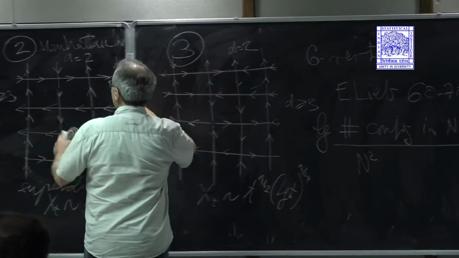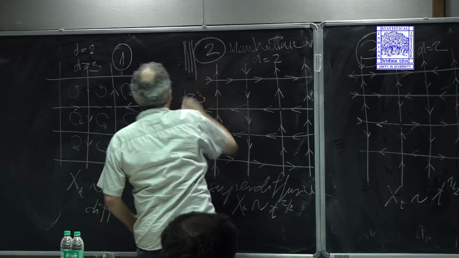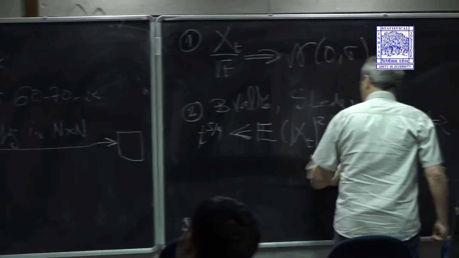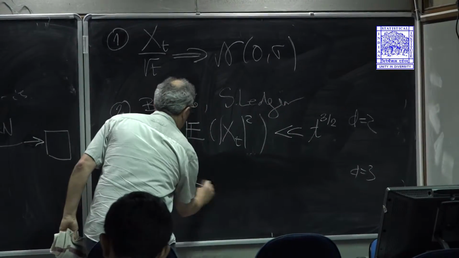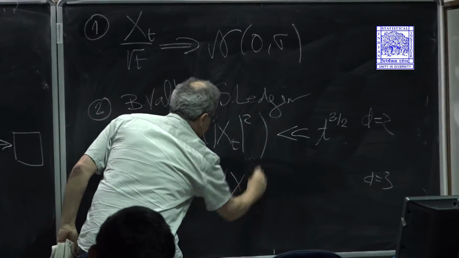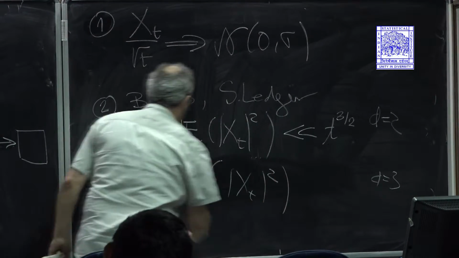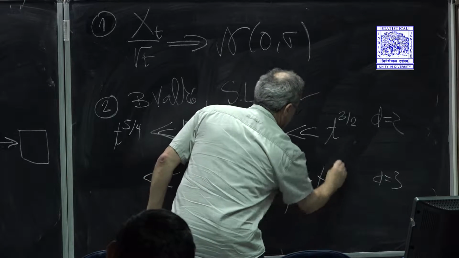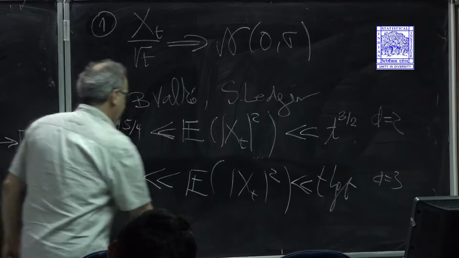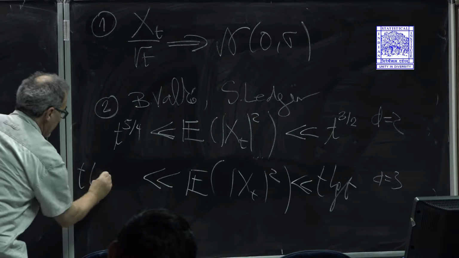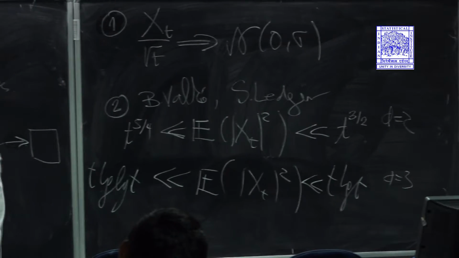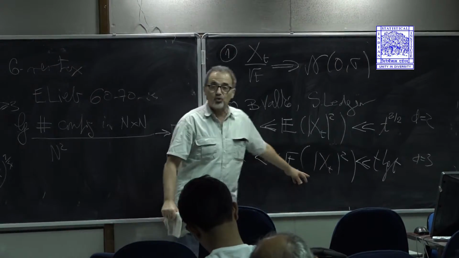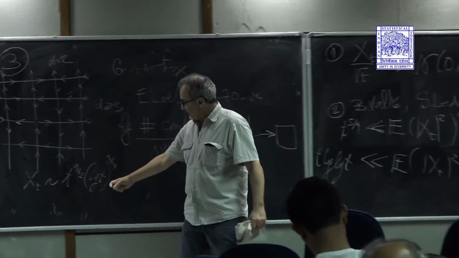In d equals 3, we still have the expected value of X_t squared, but now with logarithmic corrections it will be less than t log t and larger than t log t, and the conjecture is that here the truth would be something of this kind.